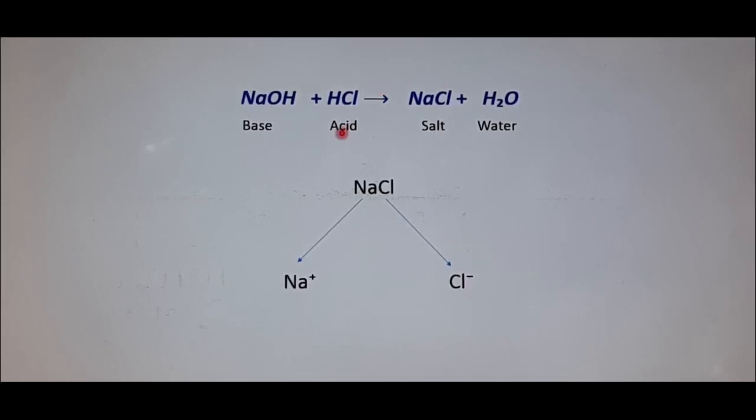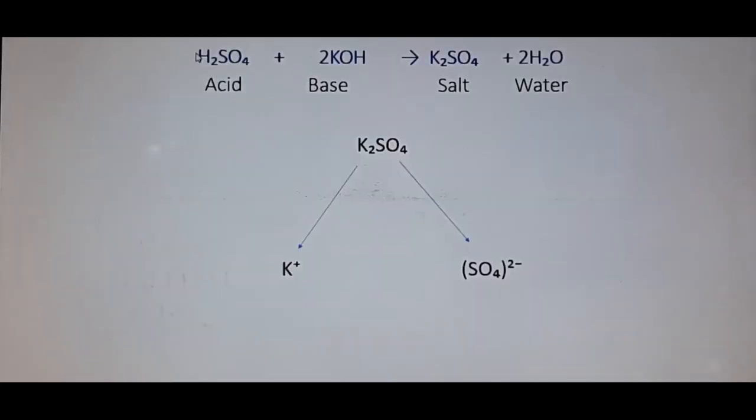So let's take one more example. Here we can see acid is reacting with base. The acid is sulfuric acid, H2SO4, and it is reacting with potassium hydroxide, which is a base, and it's giving us potassium sulfate, which is salt, and water.